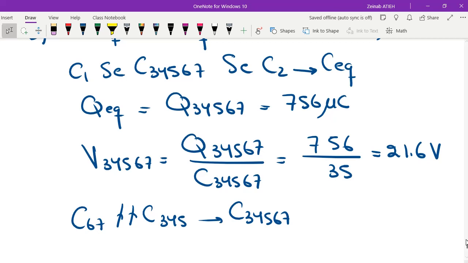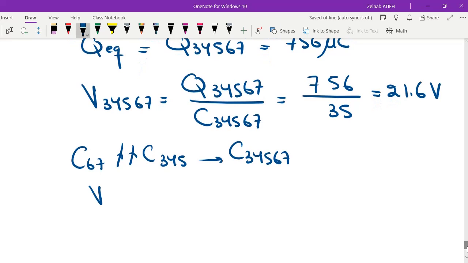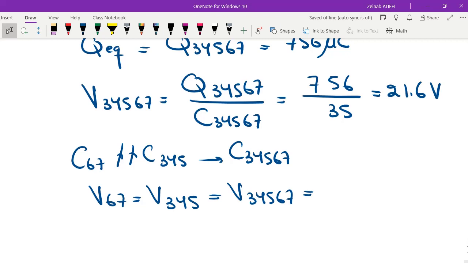When they are in parallel they have the same voltage. So V 6 7 equals V 3 4 5, which equals V 3 4 5 6 7, equal to 21.6 volt.